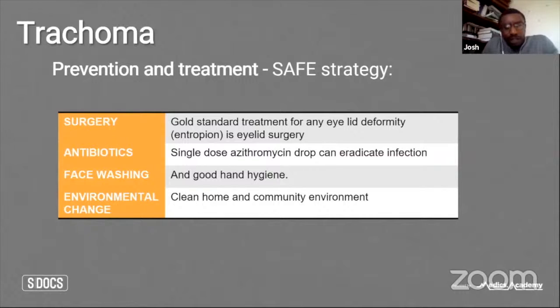But more importantly, it's still the prevention, because it is so simple: good hand hygiene, good face hygiene, and environmental change, good education within the population to know how serious this disease is, and that they may unfortunately be carrying it, and that they are at risk of it as well. So they may just have to observe good hand hygiene and face washing.